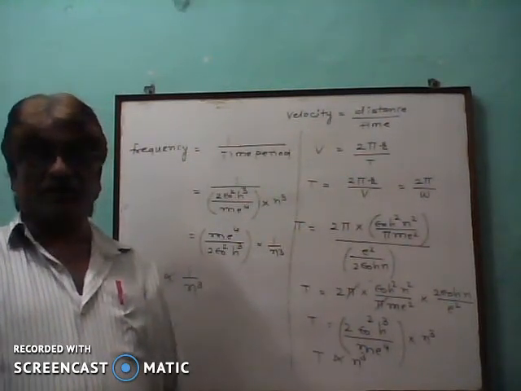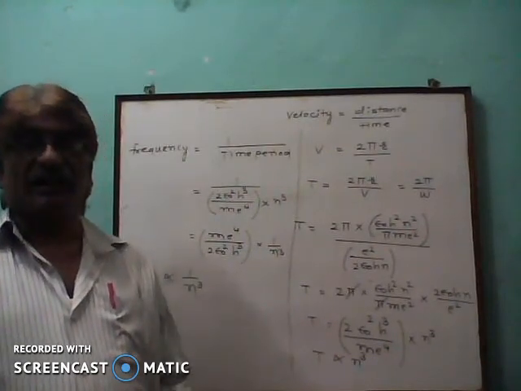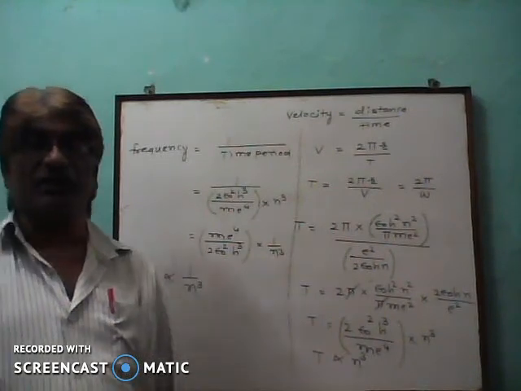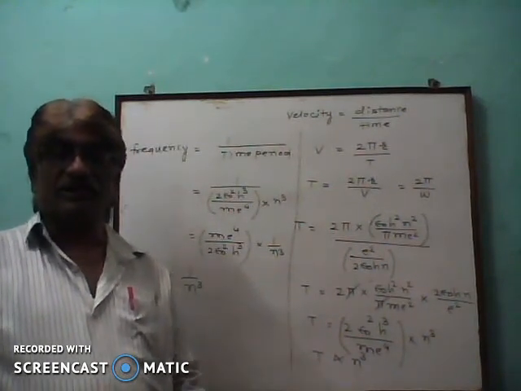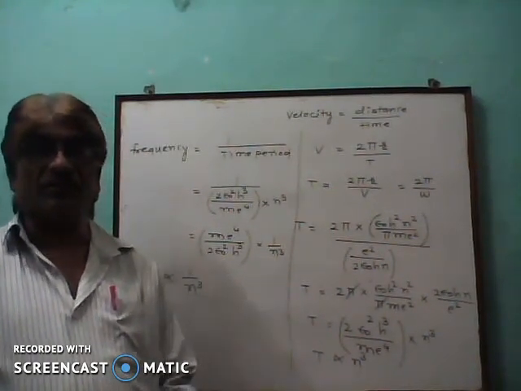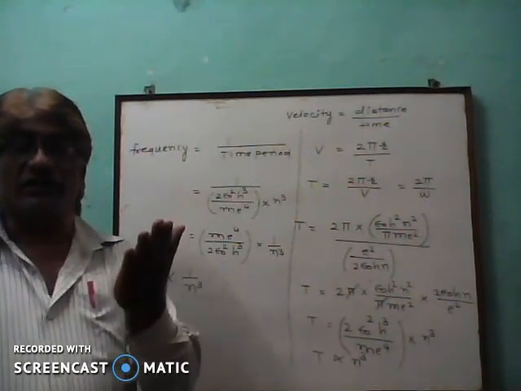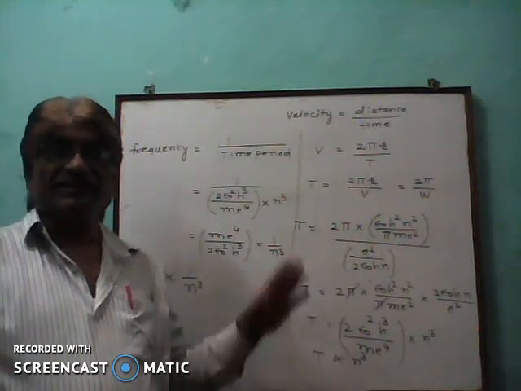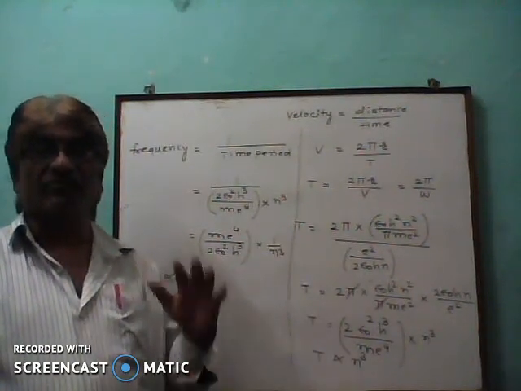That can be remembered. Whereas the radius of the orbit is directly proportional to the square of the principal quantum number, and the velocity of the electron is inversely proportional to the principal quantum number. And these formulas are very useful.